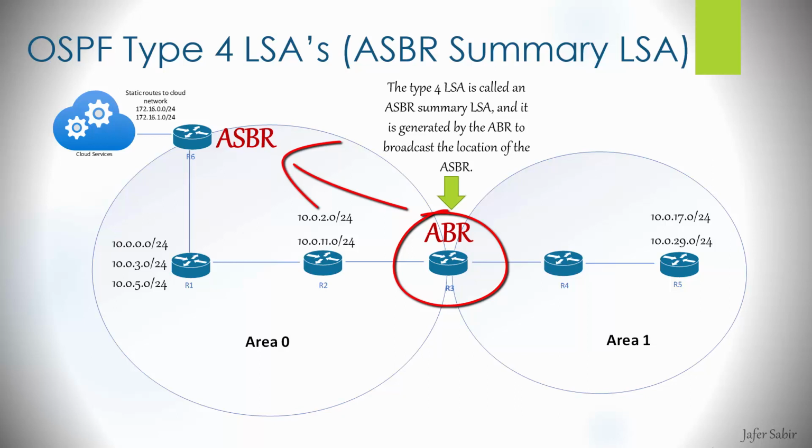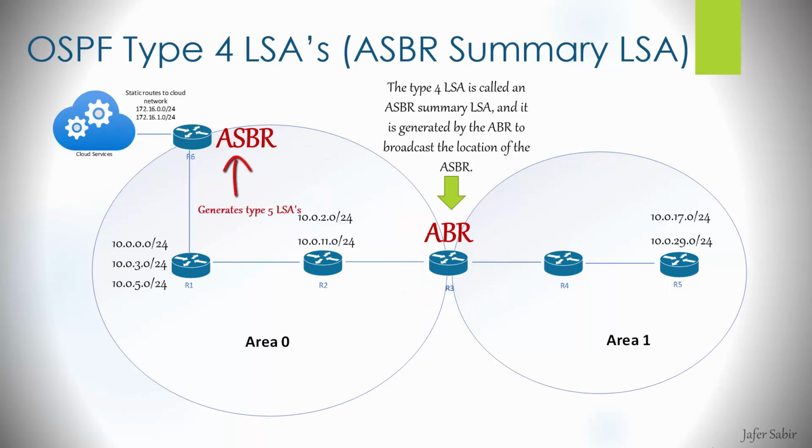Now to drill into it a bit more so we can understand exactly what's happening here, the ASBR generates Type 5 LSAs like we've seen on the previous slide, and it says to get to these 172.16 networks, send the traffic to me, to my router ID of R6, which is all good within the area Type 5 LSAs have been generated in. They know how to get to 6.6.6.6, R6.